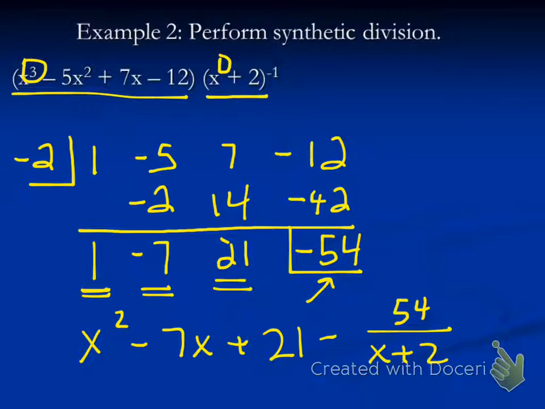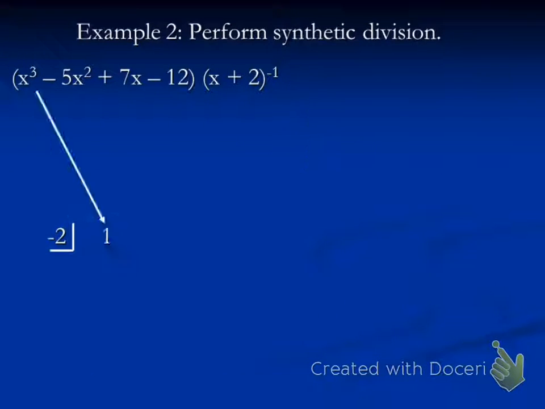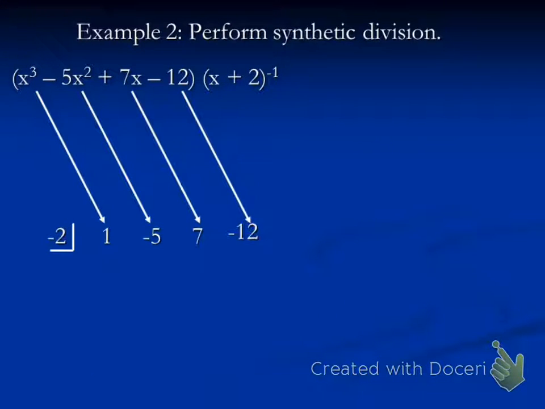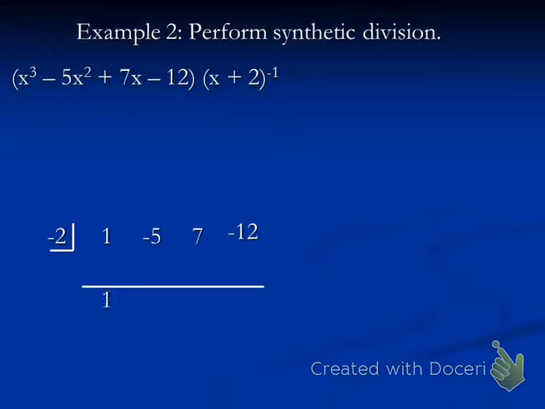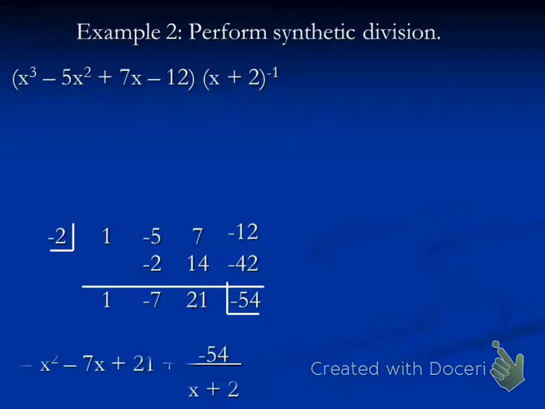But be careful with that. Either way is correct. Okay, so the -2 goes inside, the coefficients drop down, skip a line, draw a line, bring down the 1, multiply and add, and we get x squared minus 7x plus 21 plus -54 over x plus 2.